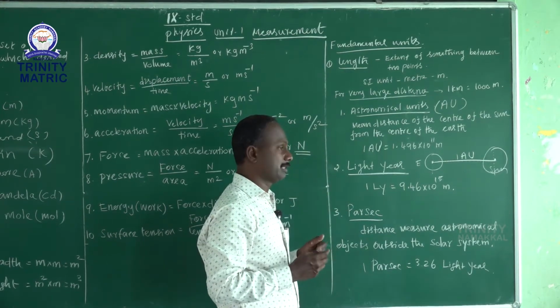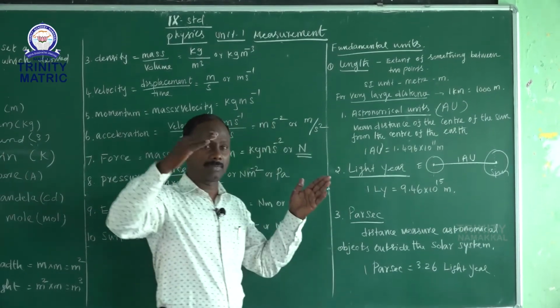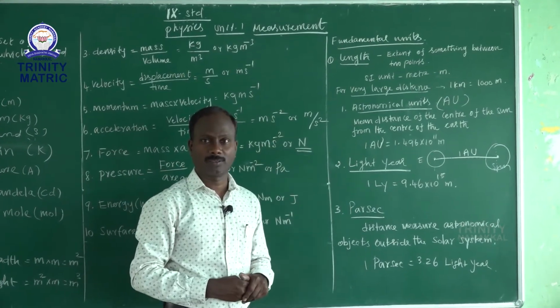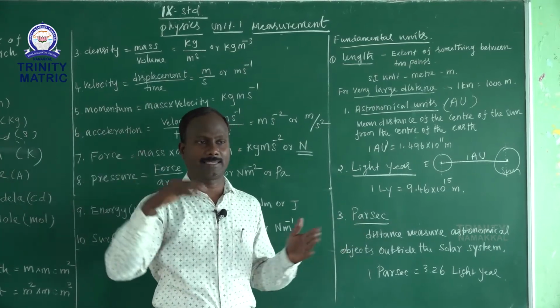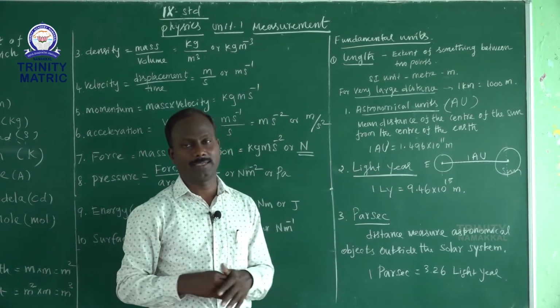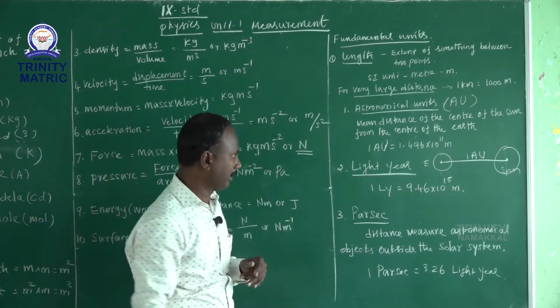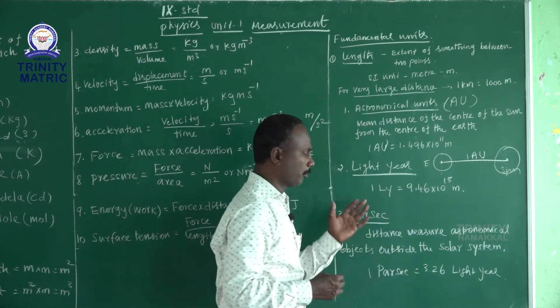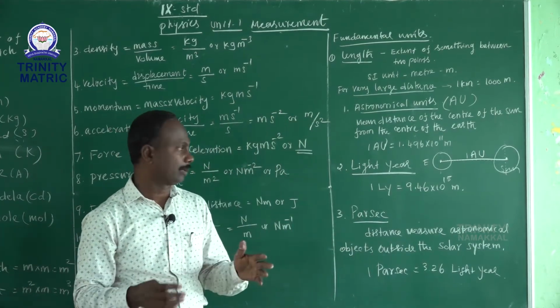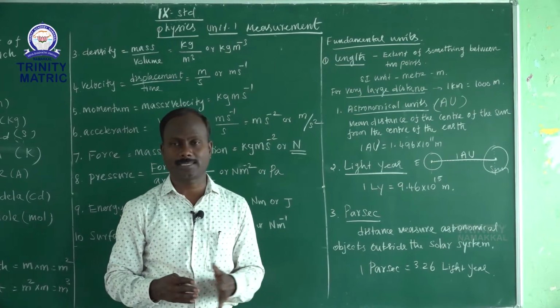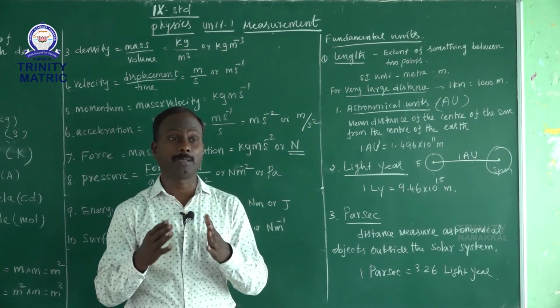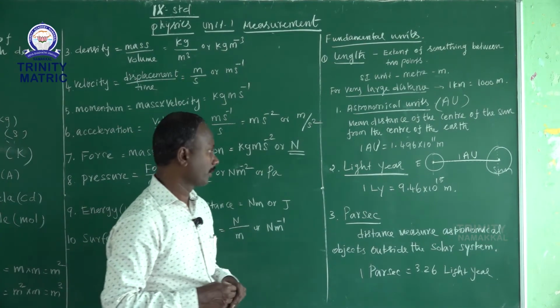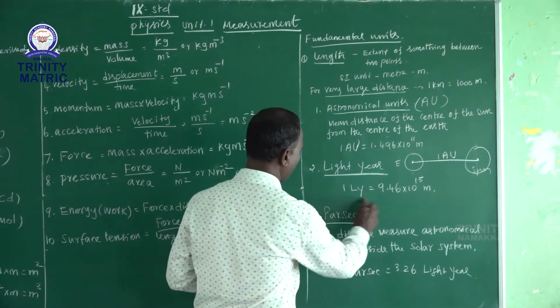The light year is used to measure distances between galaxies, from one galaxy to another, and the distance of the Milky Way. 1 light year is equal to 9.46 into 10 power 15 meter. That is a very large distance.